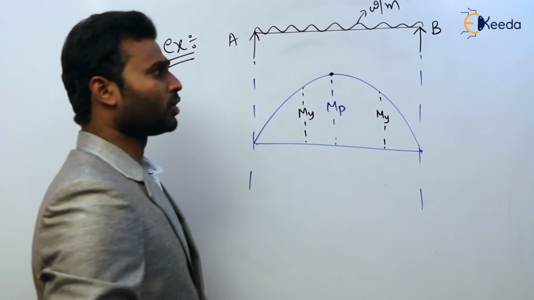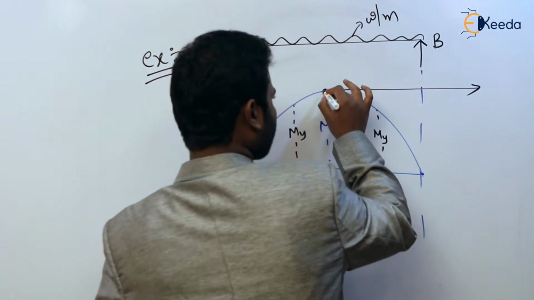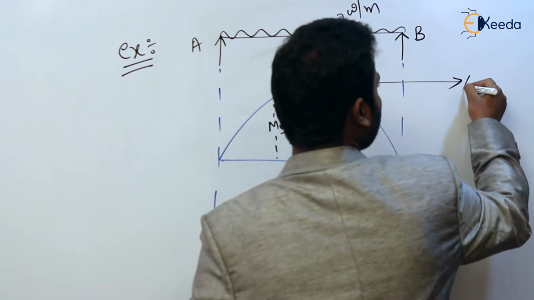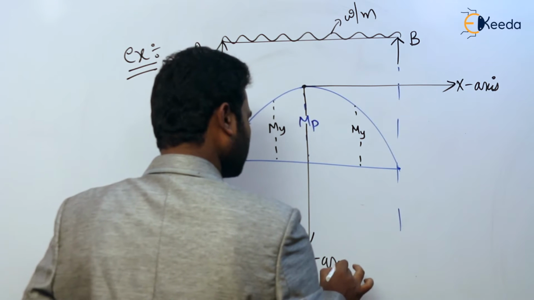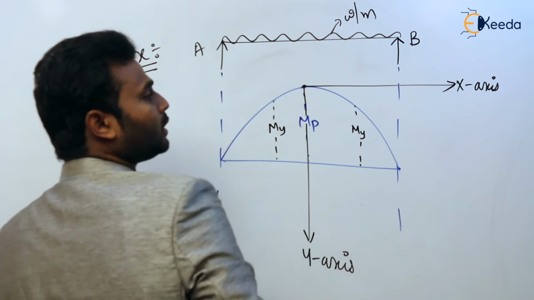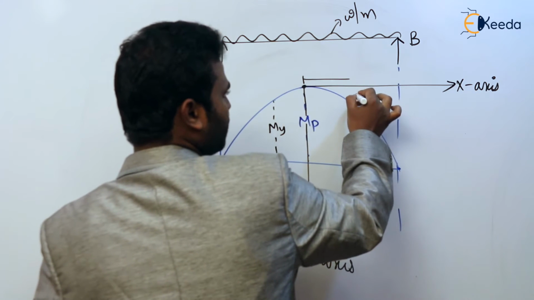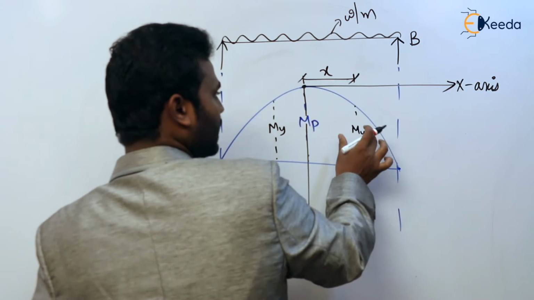This is a parabola. So now I am going to consider this center as the origin. This has an x-axis and this has a y-axis. Agree? From this origin, at a distance of x, there exists My.